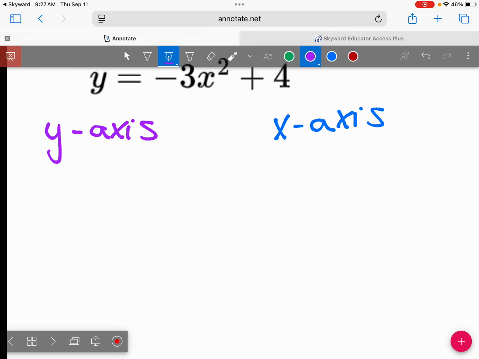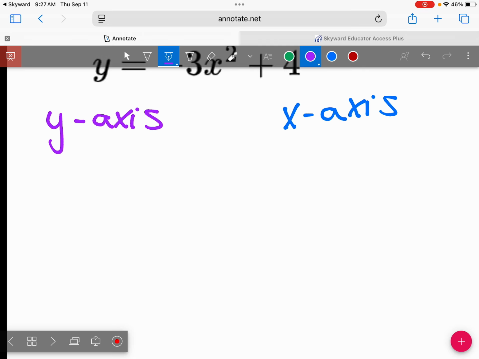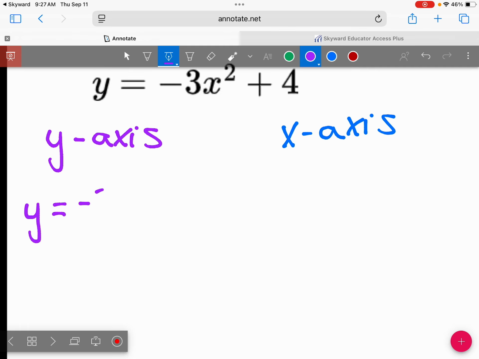So for our y-axis symmetry, that's when we're seeing if our x's could flip-flop over. So we want to know if we have our minus 3 and we take our minus x, squaring it, plus 4, if we're going to get the exact same thing as what we started with. Because if I take my minus x times my minus x, what do we get back?